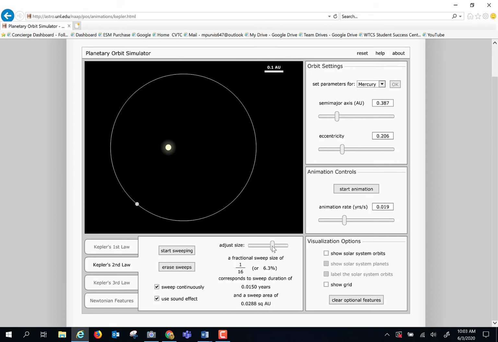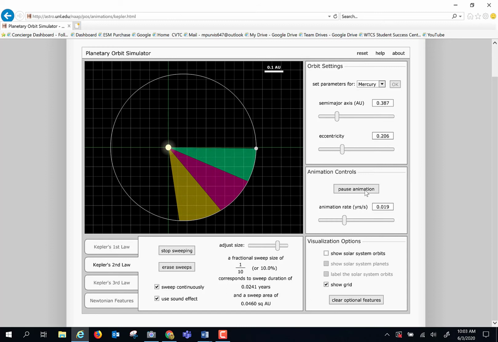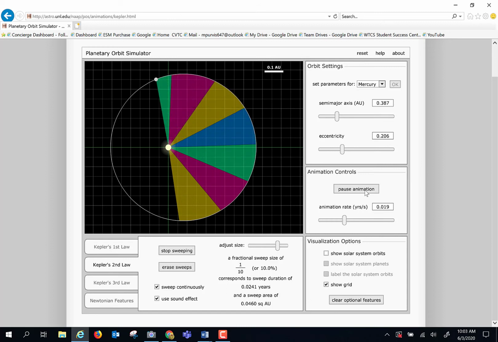We're going to change this to 1/10. Show grid. Adjust size. I think we're ready. Nope, I want to do one more thing. Start sweep and go. The second law is all about the planet sweeping out equal areas in equal amounts of time. And I want you to see this.